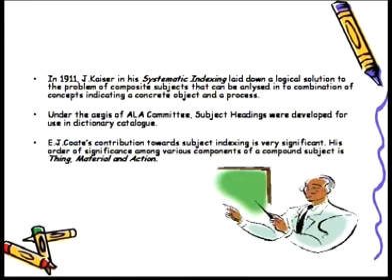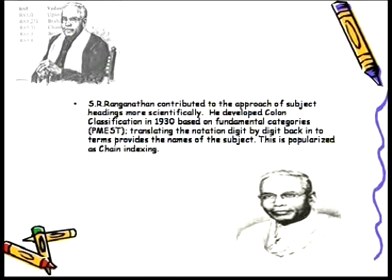E.J. Coates' contribution towards subject indexing is very significant. His order of significance among the various components of a compound subject is thing, material, and action. However, S. Ranganathan's analytical mind contributed to approaching the use of subject headings more scientifically.